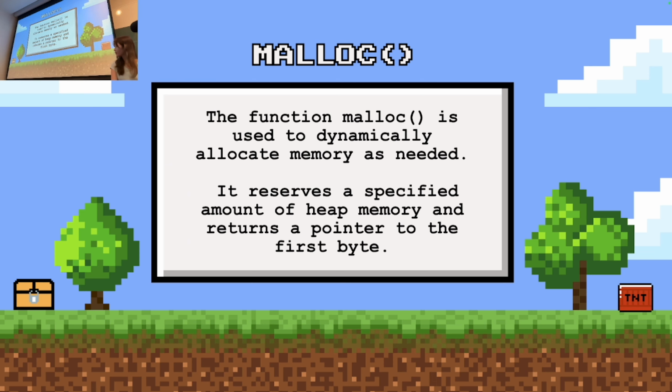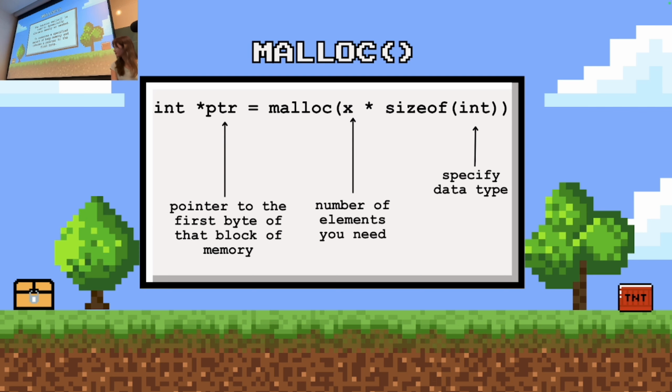It reserves a specified amount of heap memory, and most importantly, it returns a pointer, which we'll be going through later, to the first byte of what you malloc. Does anyone have any questions so far?